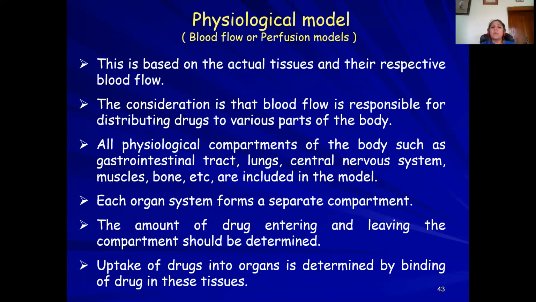All physiological compartments of the body, such as gastrointestinal tract, lungs, central nervous system, muscles, bone, etc., are included in this model. Each organ system forms a separate compartment. The amount of drug entering and leaving the compartment should be determined. Now, the uptake of drugs into the organs is determined by binding of the drugs in these tissues.